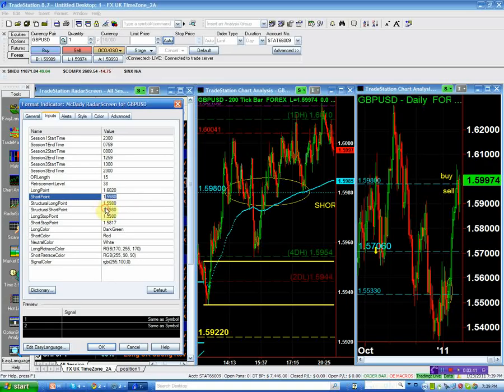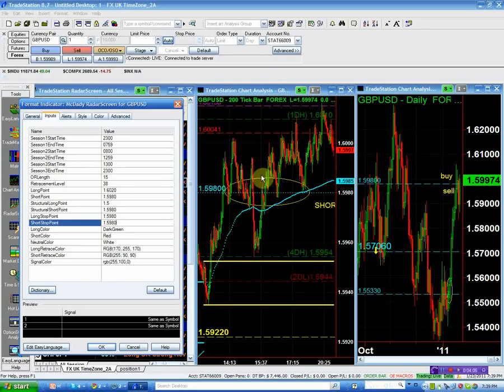It's not my long point, but it is my structural short point. It is my stop on my long position, and if I go short, it is also my stop on the short. So if I go short below 159.80, I'm going to put a very tight stop above it because I'm not going to give it too much room to come back above the 159.80.